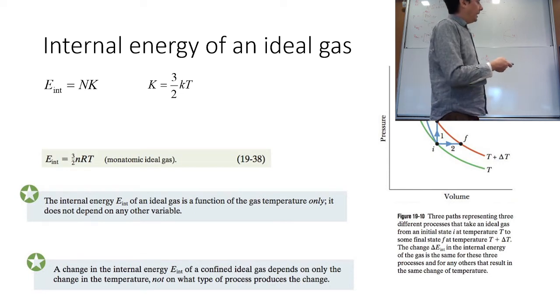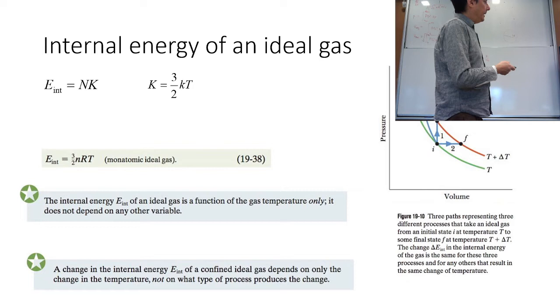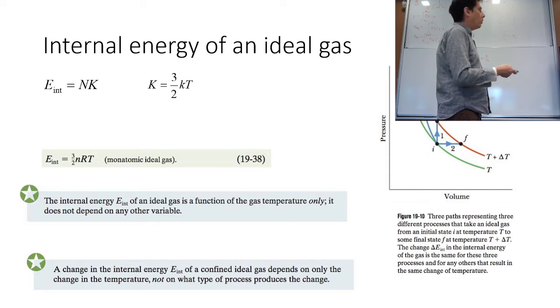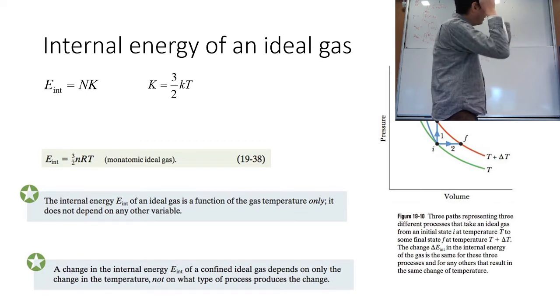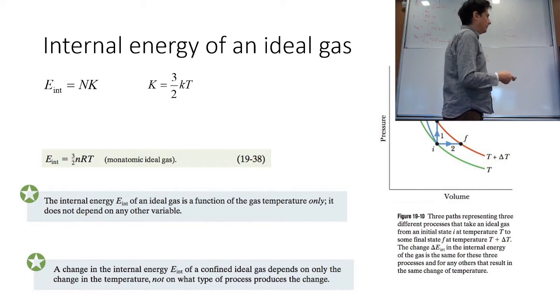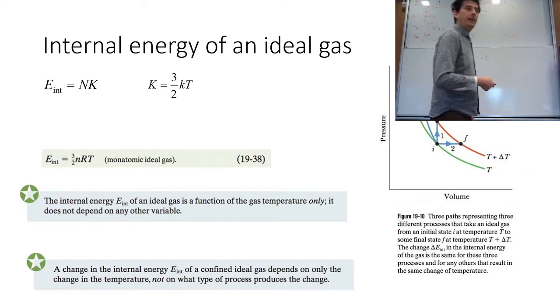But now we can. In terms of the internal energy, all these processes will be the same, because it's going from one temperature to another temperature, and all these final points have the same temperature. So it's quite an important conclusion that along any isotherm, the internal energy will always be the same.